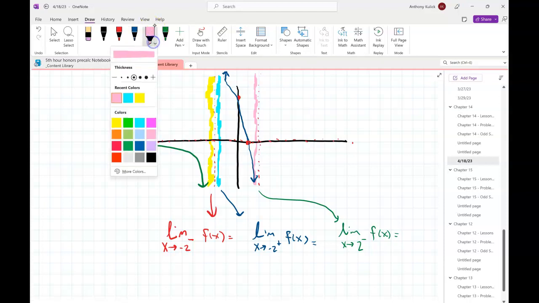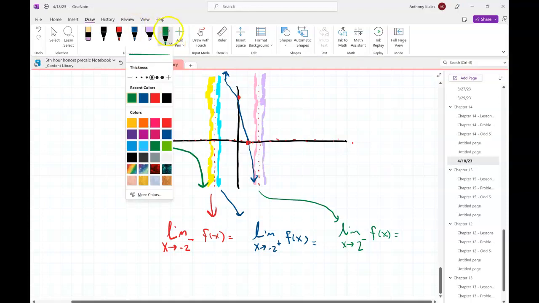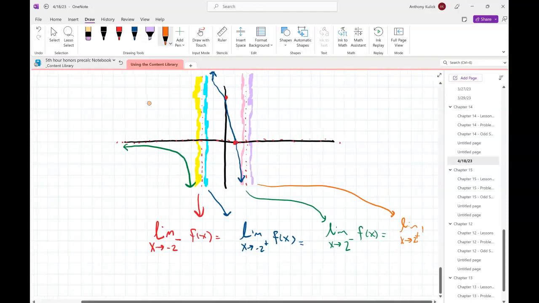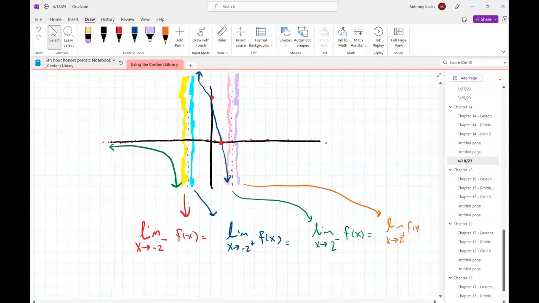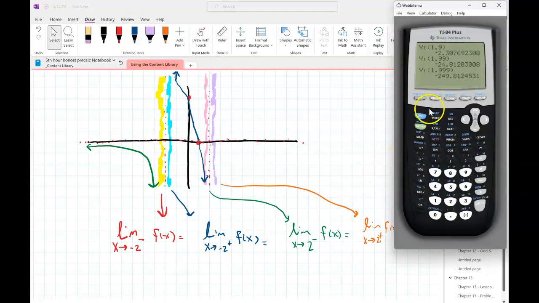And then I have one more piece to evaluate. I need to see what's going on over here. So that would be the limit as x approaches 2 from the right of f of x. So again, go to my calculator.